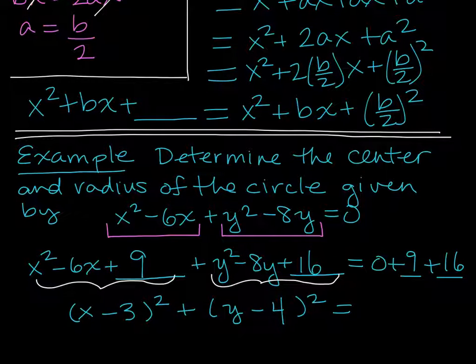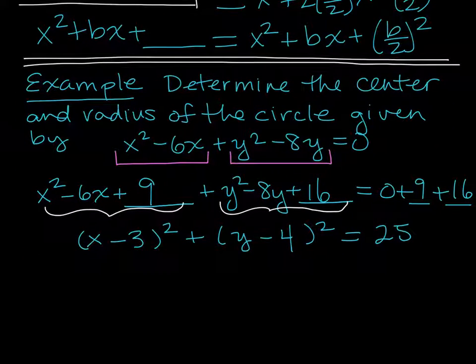So x minus 3 quantity squared, the outside and inside terms add up to -6x, and then -3 times -3 is, of course, +9. Here, -4y and -4y add up to -8y, and -4 squared is 16. And on the right-hand side, we have 25.